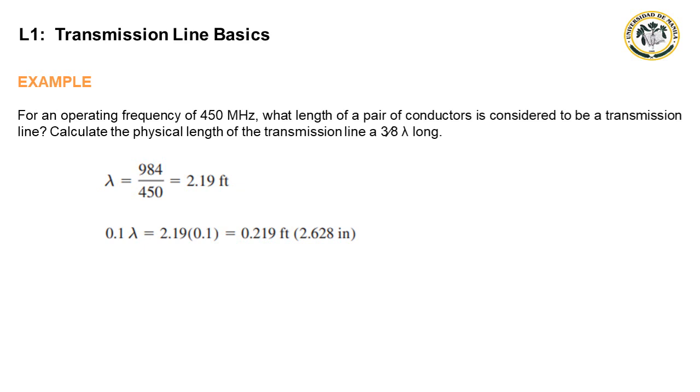Therefore, 0.1 times 2.19 is equal to 0.219 feet or 2.628 inches. And to calculate the physical length of the transmission line 3/8 wavelength long, we multiply 3/8 by 2.19, which gives us 0.82 feet or 9.84 inches.